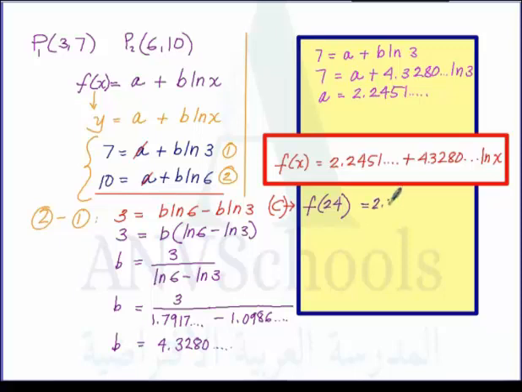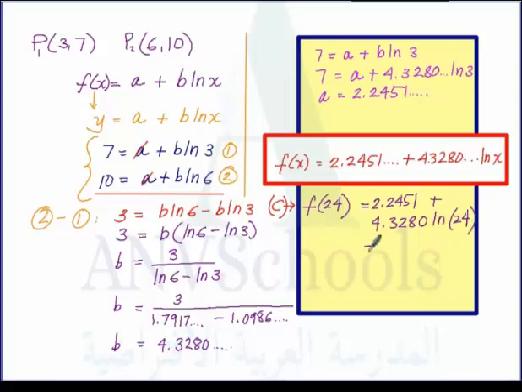So f of 24 is equal to 2.2451, rounding this off to the nearest thousandth, plus 4.3280 ln of 24.